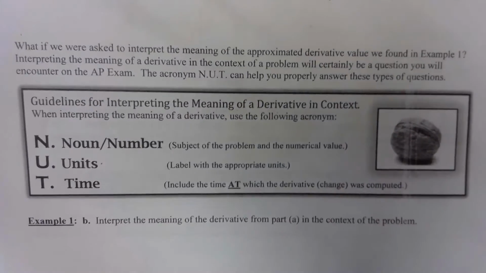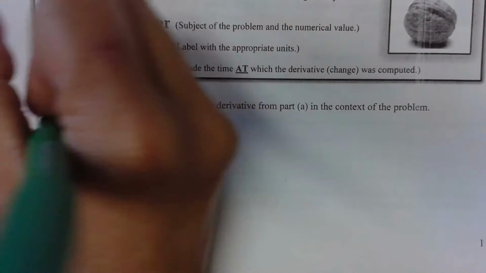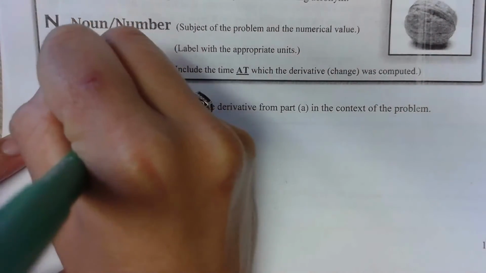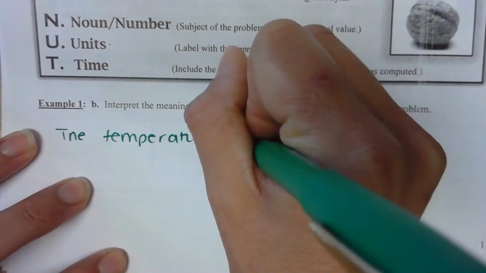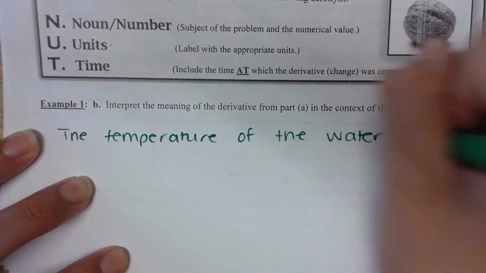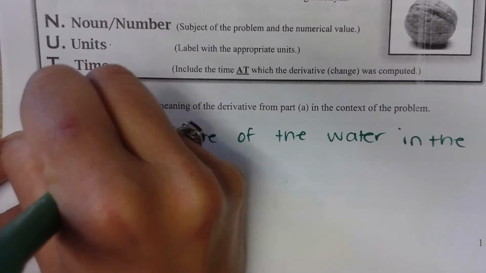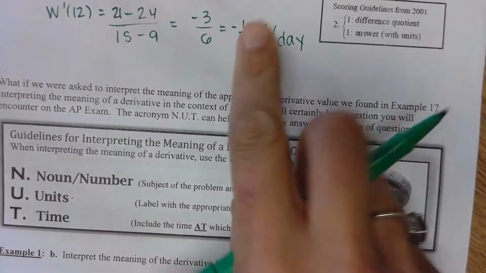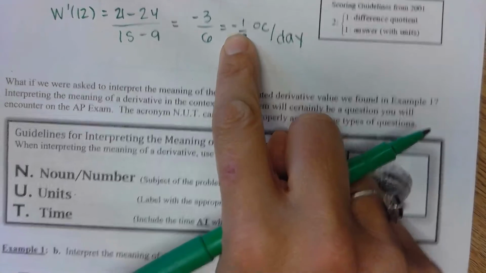So to interpret that or describe its meaning, what that means is that the temperature of the water in the pond, the negative tells me that the temperature of the water in the pond is what?